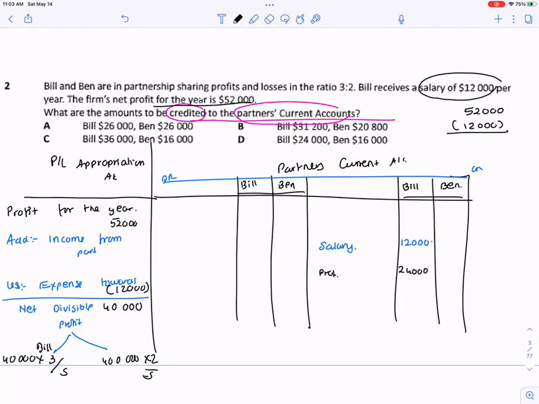And how much will Ben get? 40,000 into 2/5, 16,000. What is the question that they want us to do? To find amounts to be credited to the partners. So it will be option C: 36,000 and 16,000.